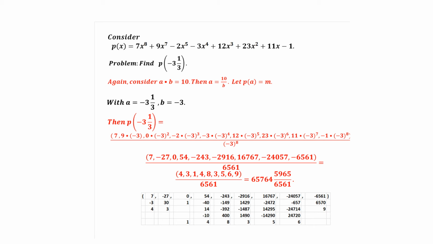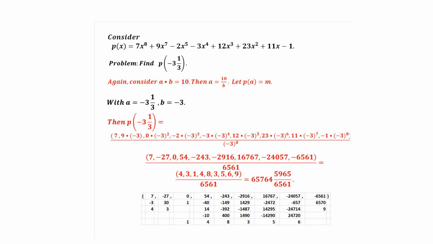And you do the division, you get 65,764, and the fraction 5,965 over 6,561. Below I have shown how to convert the tuple into an integer. And you could also see this under the video Tuples and also the Tuples 101 Basics.